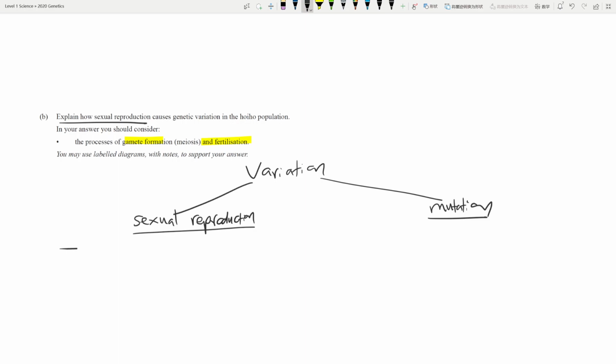So for sexual reproduction, the first thing that we want to look at is meiosis. Meiosis produces unique gametes. The sex cells are all unique, and they have half the number of chromosomes.